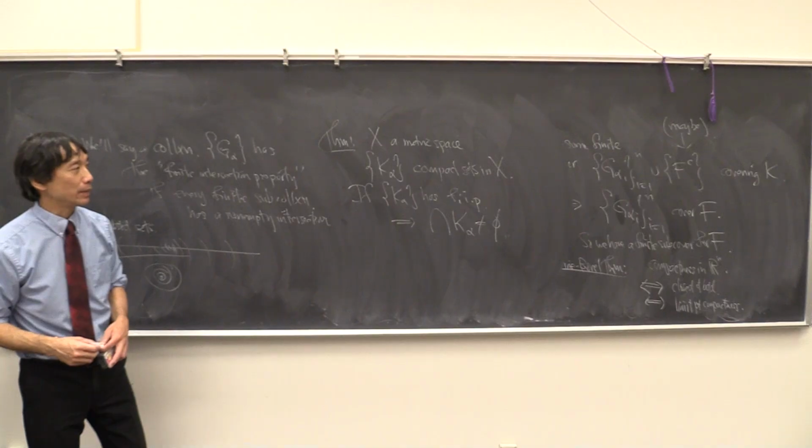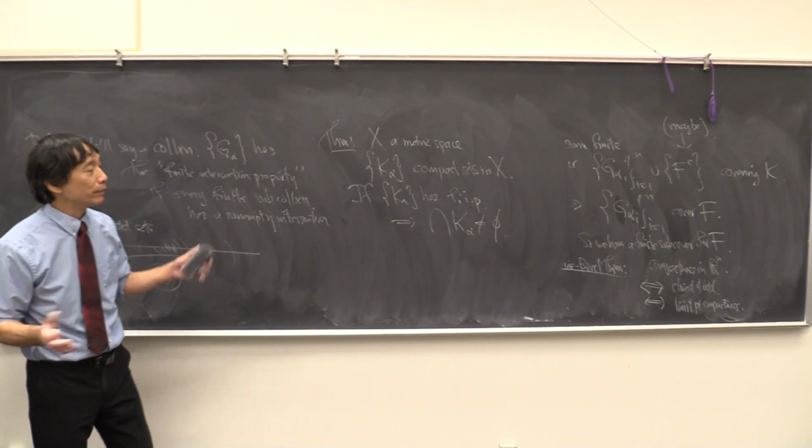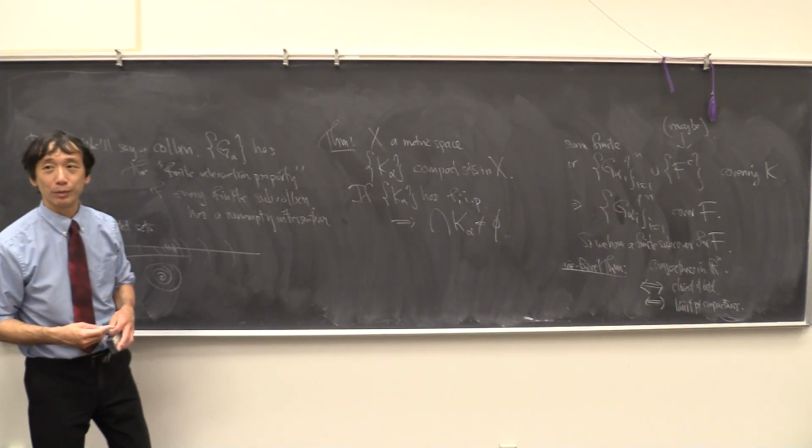So for compact sets, whenever you have the finite intersection property, then the infinite intersection is also non-empty.